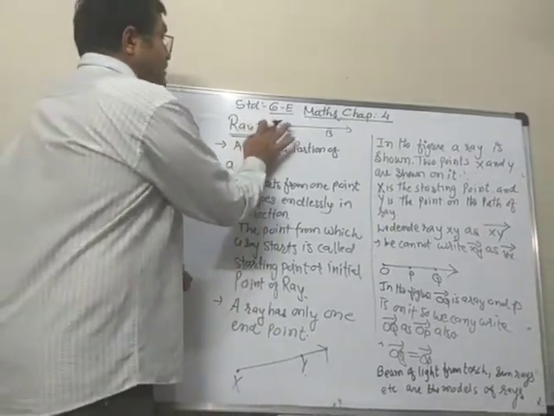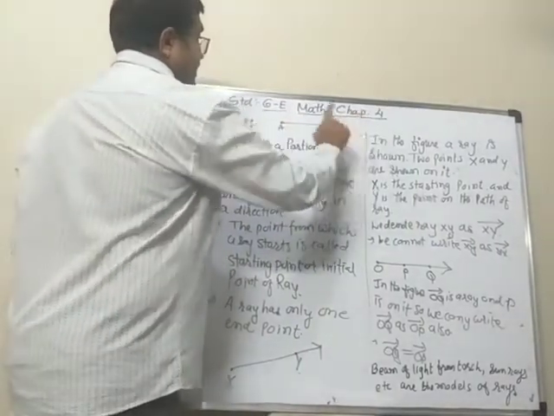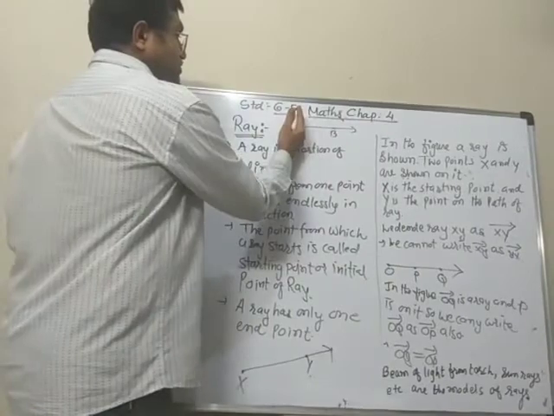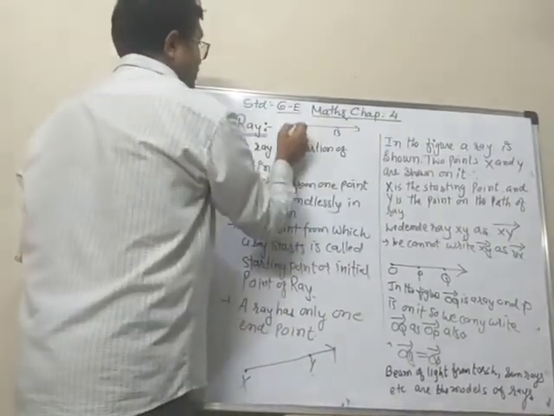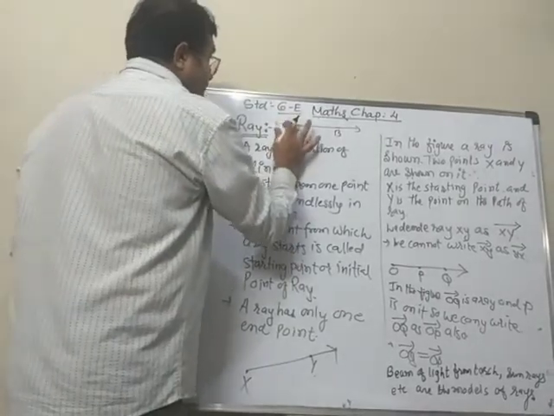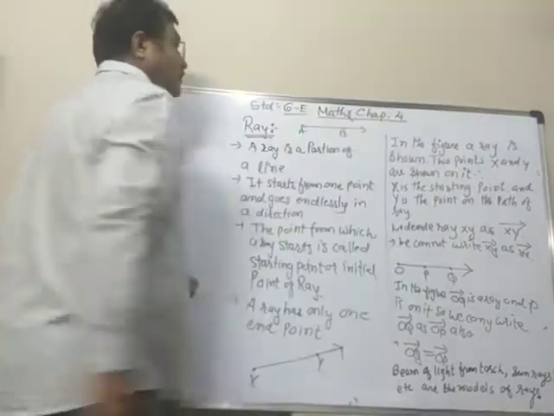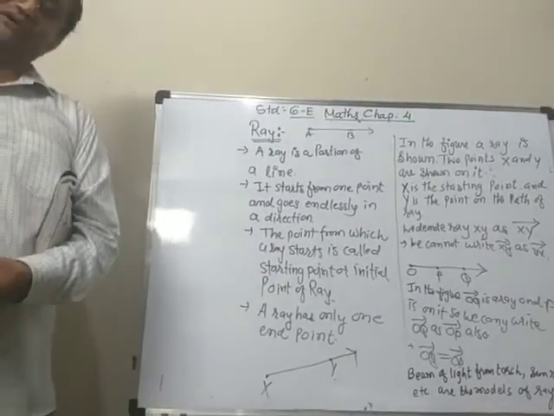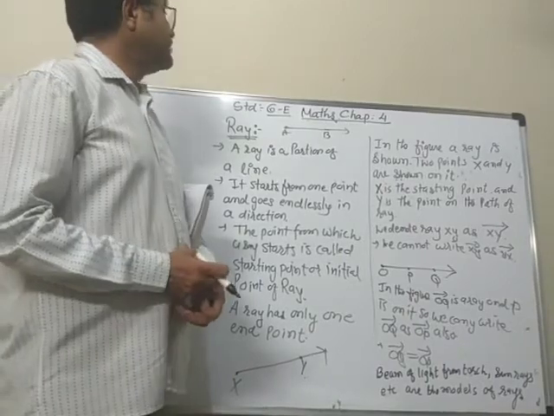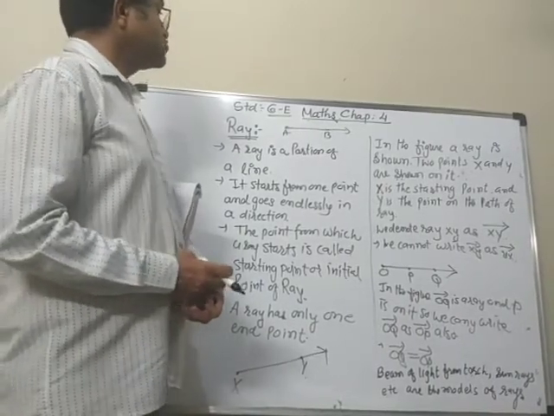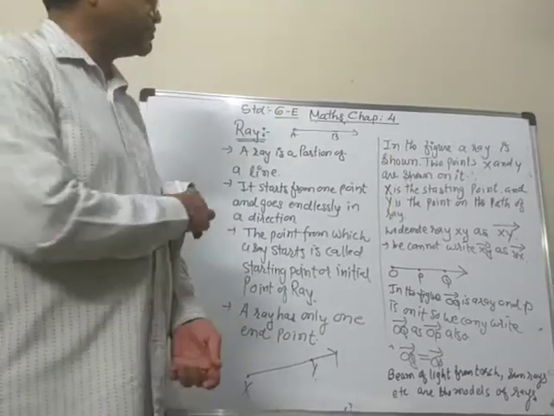But a ray starts from one point and goes endlessly in one direction. So it has one ending point, but on the other side there is no ending point. And as I told you, it's a part of a line. So you cut this part and only take one side, then it is known as a ray. So now, the ray has only one end point.